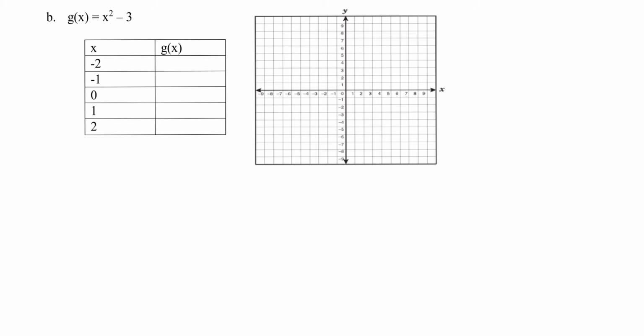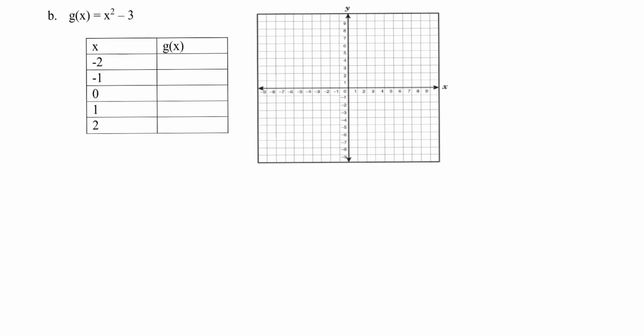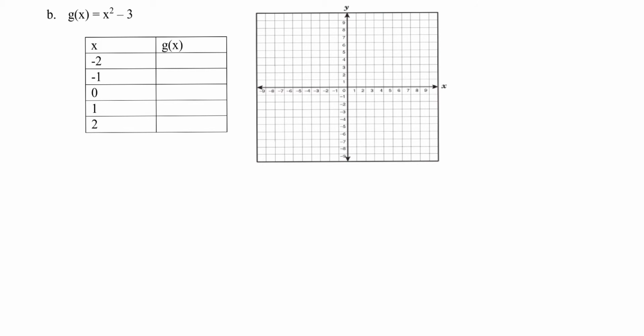All right, so now we're going to graph x squared minus 3. And again, they give us some x values. We have to find the y values, or g of x. So our first value is negative 2. So we will do g of negative 2, which means we'll do negative 2 squared minus 3, or 4 minus 3, and we get 1.